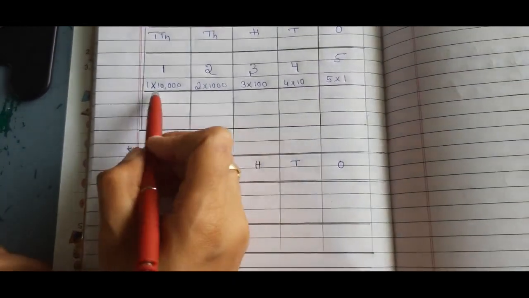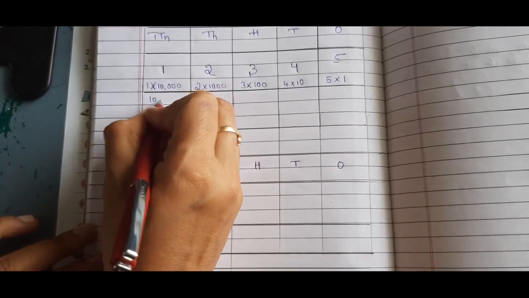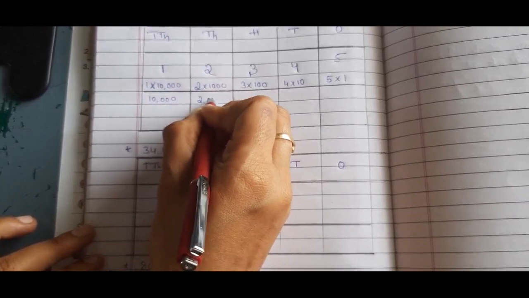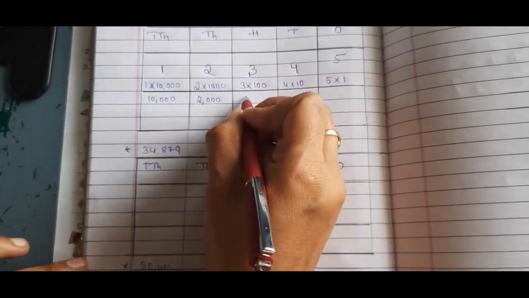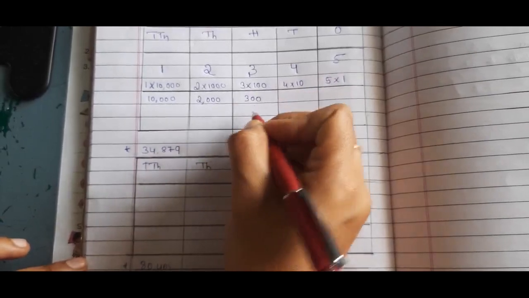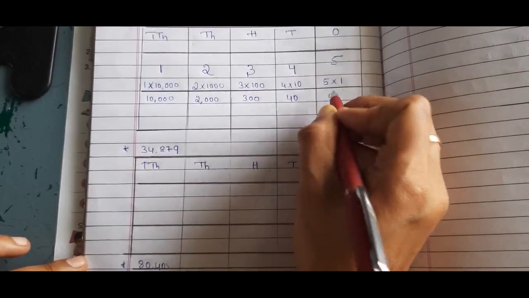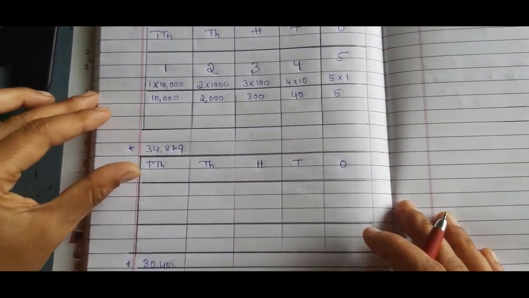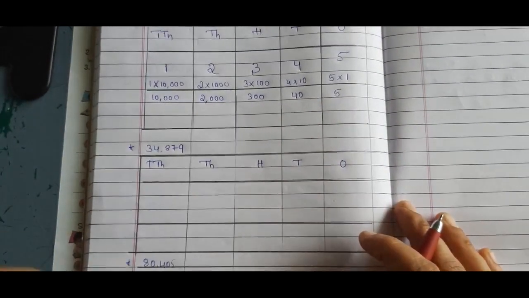Next, multiply all this. 1 into 10,000, that is 10,000. 2 into 1,000, 2,000. Observe the commas. And 3 into 100, 300. 4 into 10, 40. 5 into 1, 5. Now we have to write in expanded form. Last step, we have to write these number values in addition form.